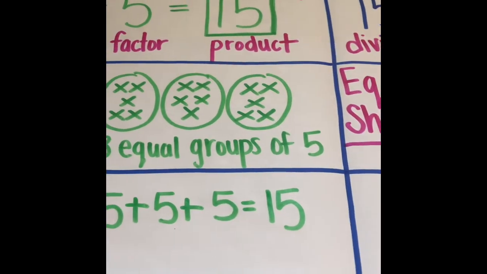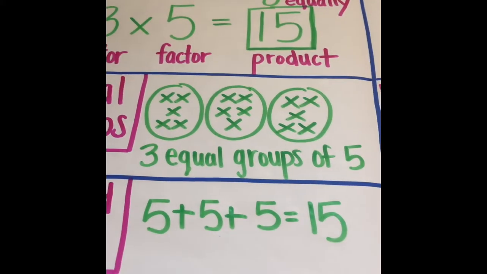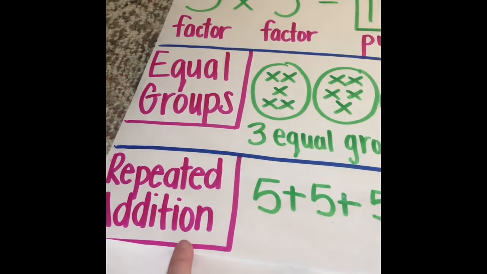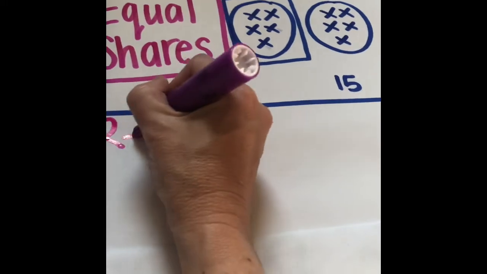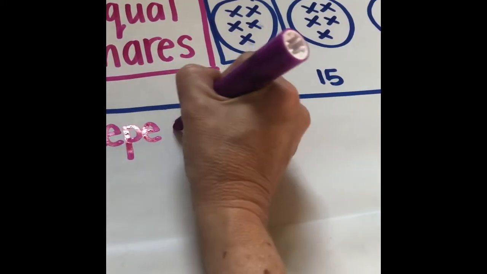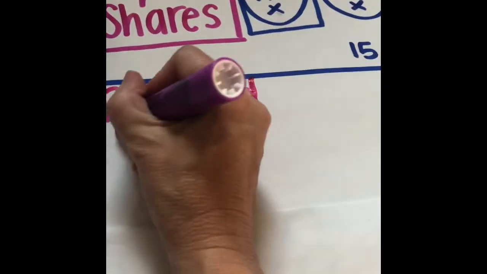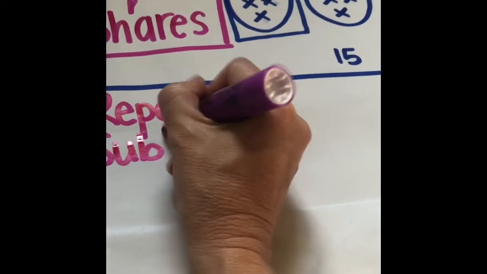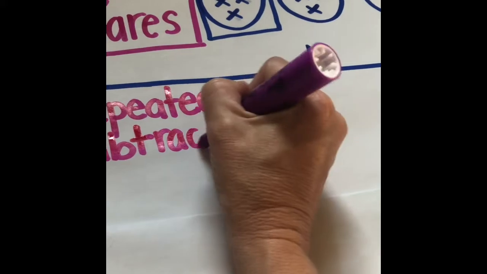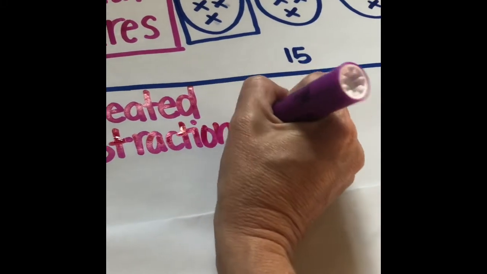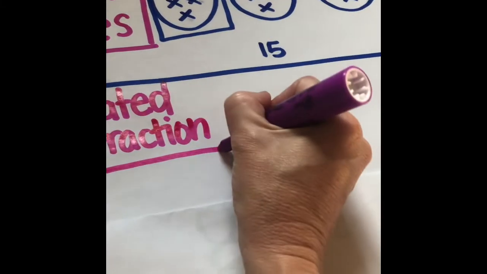So what would this be called in division? So if this is repeated addition, in division, if I want to make my number smaller, I'm going to use repeated subtraction. So go ahead and write the name of your strategy.